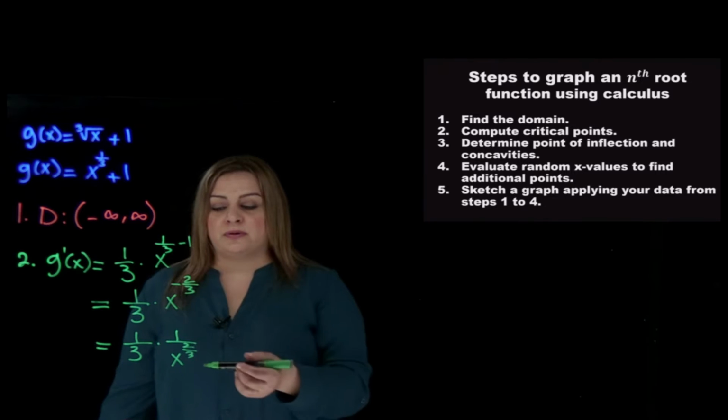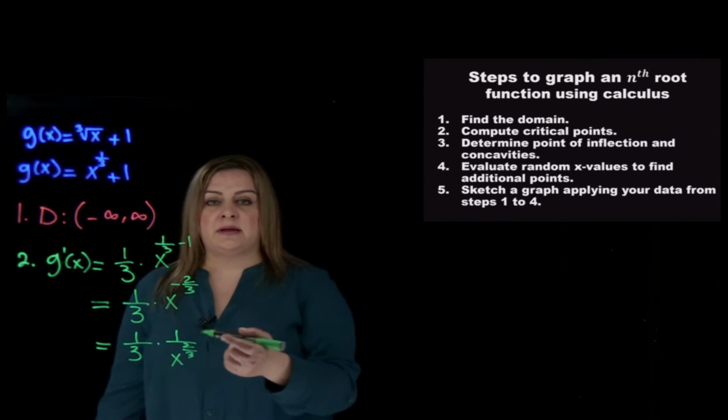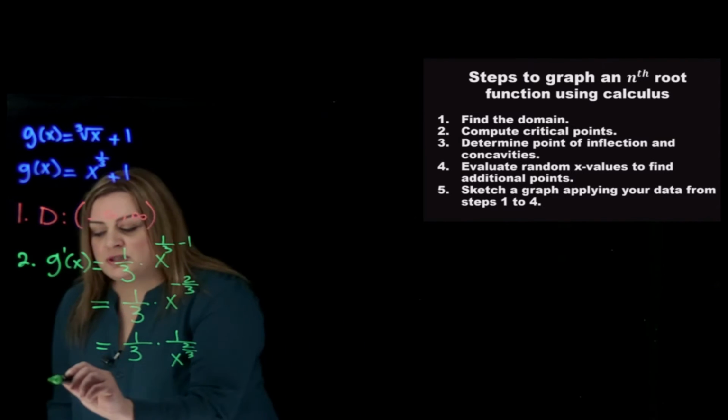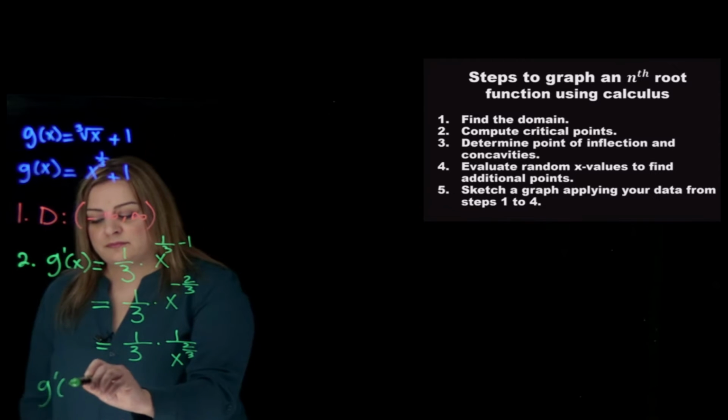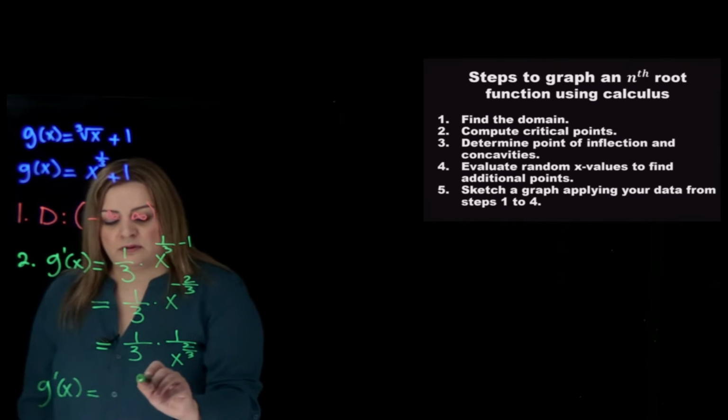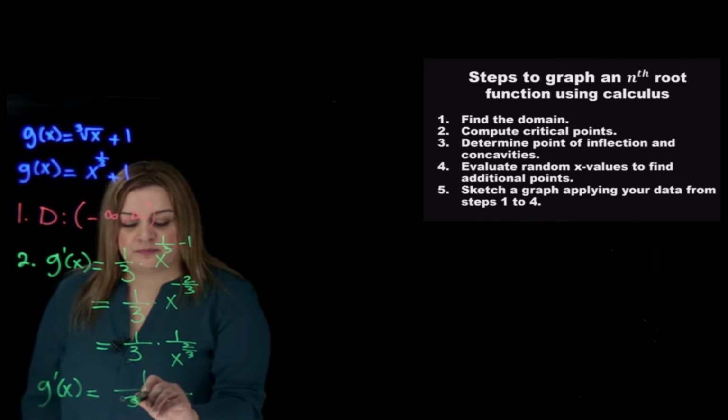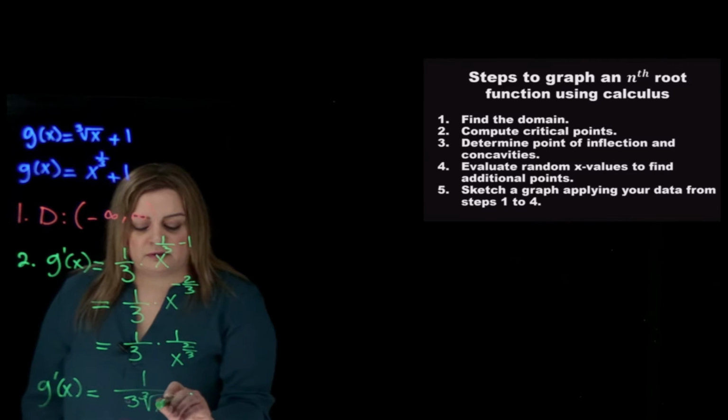I may also rewrite my answer in a radical form. So g prime of x is equal to 1 over 3 times the cube root of x squared.